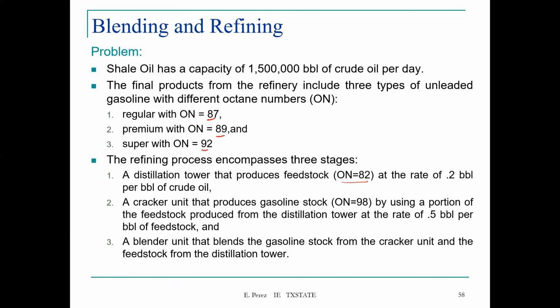A cracker unit that produces gasoline stock ON equals 98 by using a portion of the feedstock produced from the distillation tower at a rate of 0.5 barrels per barrel of feedstock. And then we have a blender unit that blends the gasoline stock from the cracker unit and the feedstock from the distillation tower.